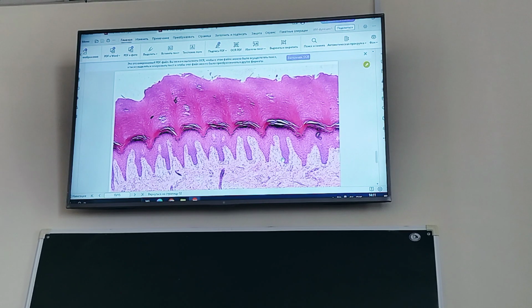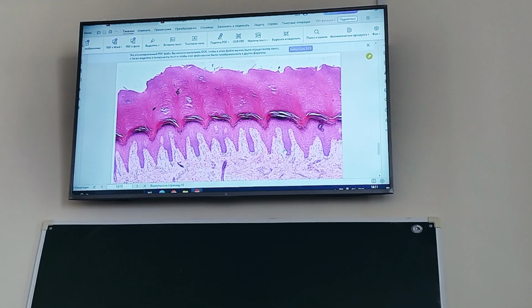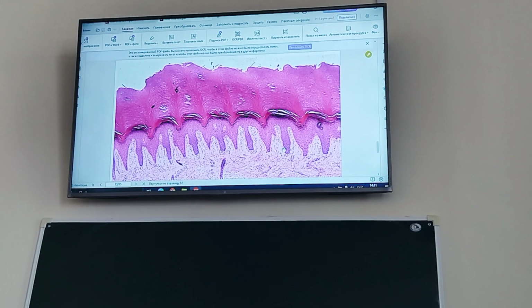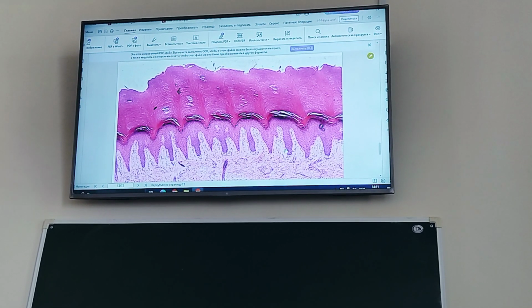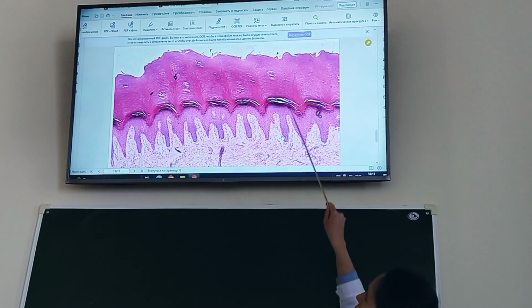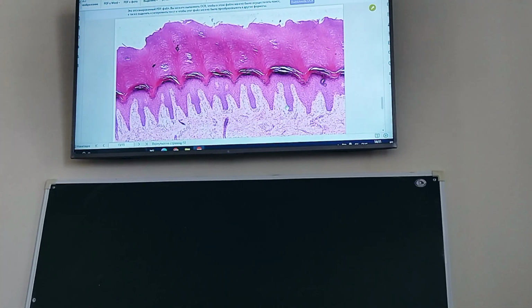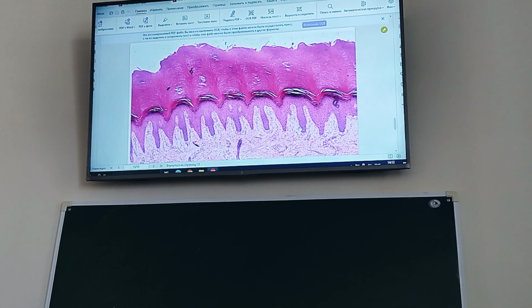It would be excellent. But what else do you need to complete? First of all, 4 or 5 layers of cells, well separated, with the thickest superficial corneal layer, cornified, consisting of corneocytes.